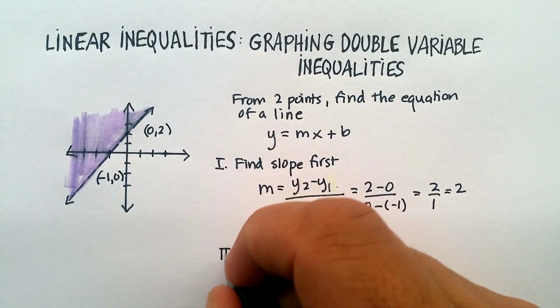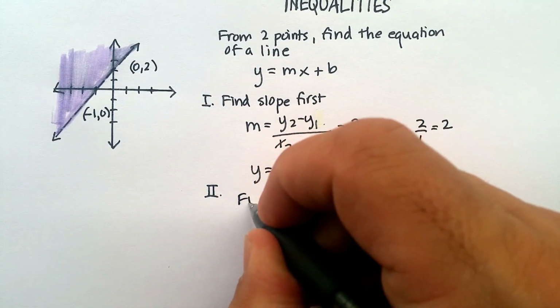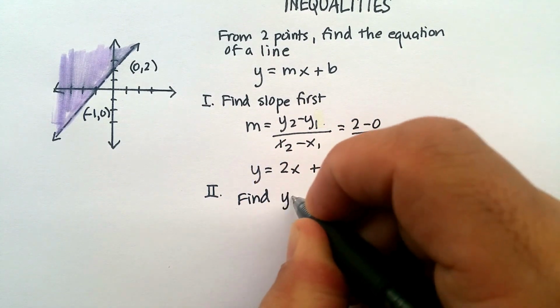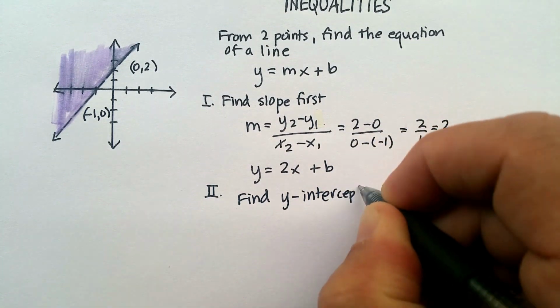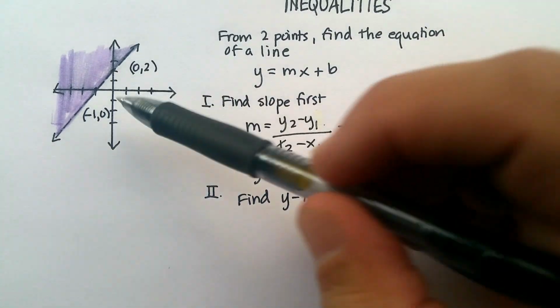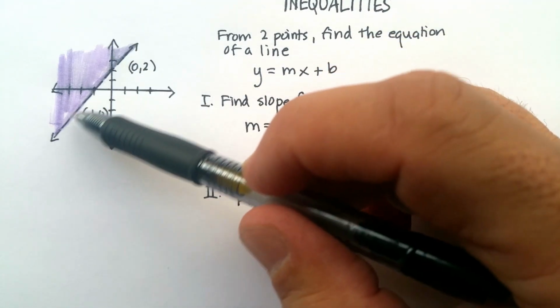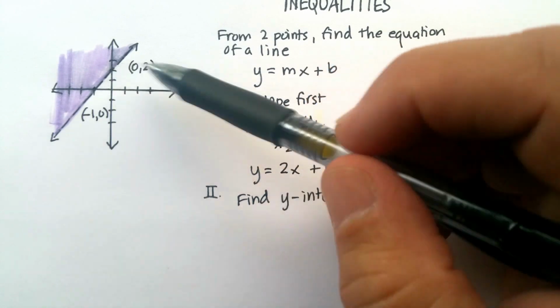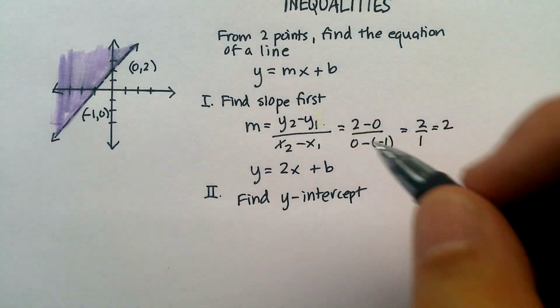So let me just put that down next. Find y-intercept. And I got lucky here because it just so happens that one of the points I can identify is the y-intercept, where the line crosses the y-axis, is at (0, 2). But if I didn't know that, how would I find it?